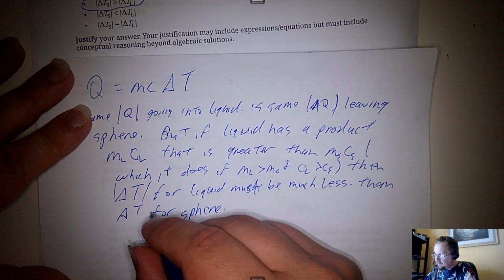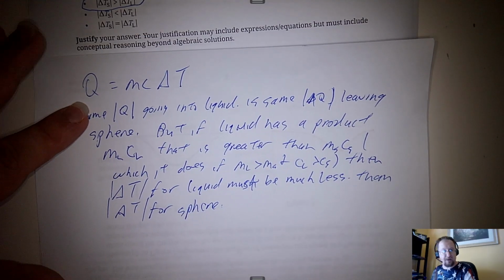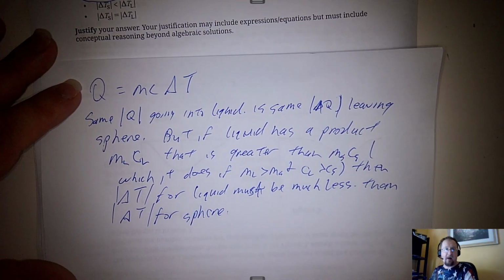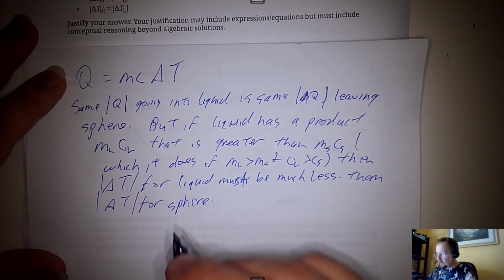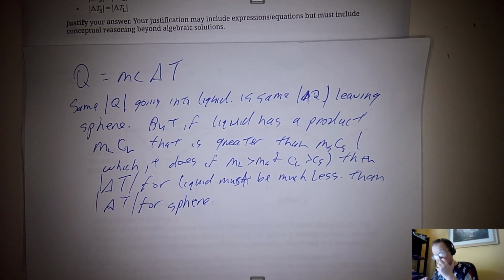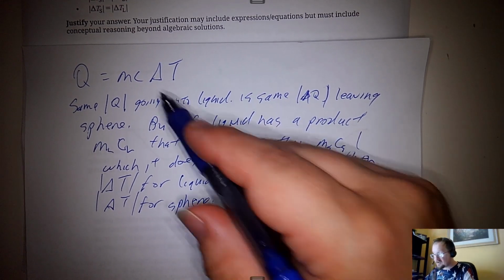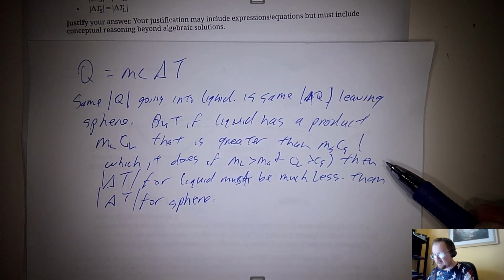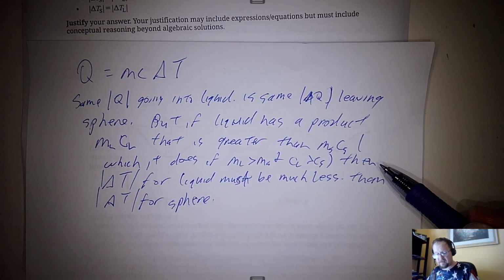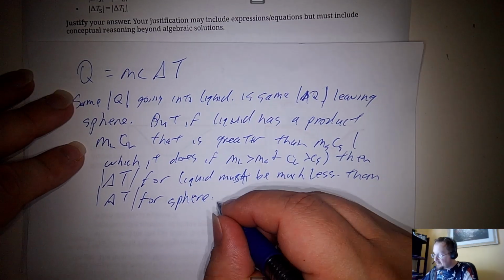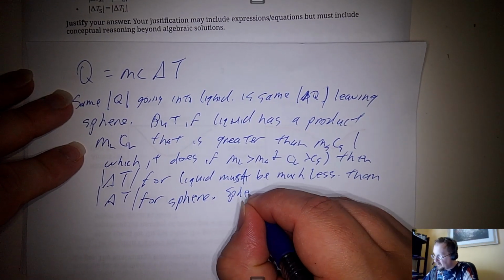Now, this does not feel like conceptual reasoning to me. So I am going to try and go further than this. How am I going to go further, since I really just argued this equation, and I don't think that's what they're going for? I think I want to say something like this.